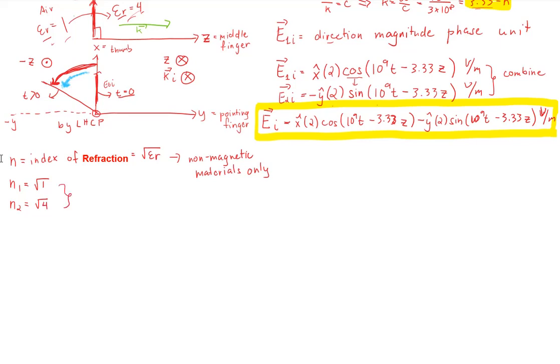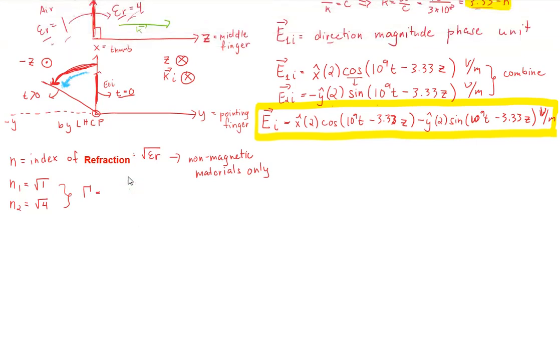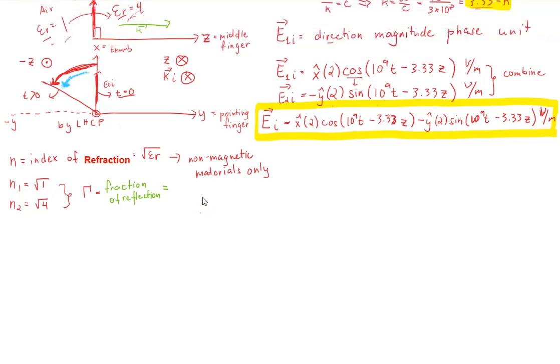From there, we could write down our gamma, which is, let's use a different color pen, let's use green, see how it comes out, and that is the fraction of reflection, and that is just equal to N1 minus N2 divided by N1 plus N2.